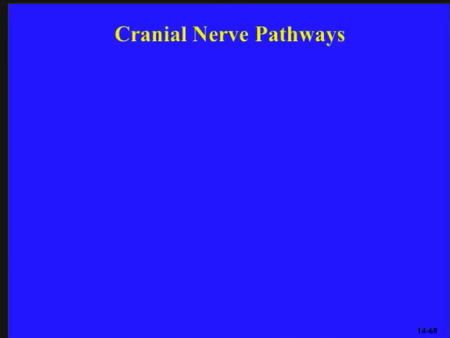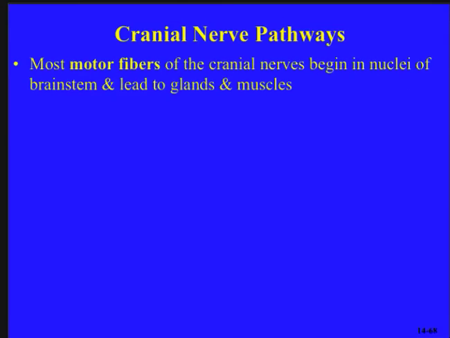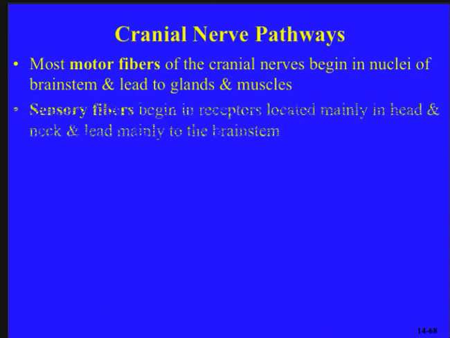If we look at some of these pathways, most motor fibers of the cranial nerves begin in the nuclei of the brainstem and lead to glands and muscles. Sensory fibers begin in receptors located mainly in the head and neck and lead mainly to the brainstem.